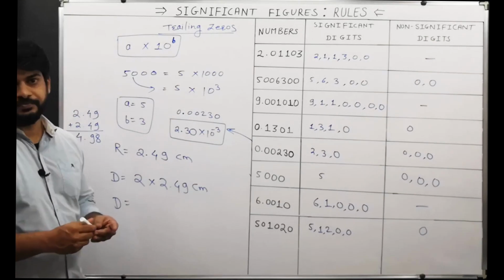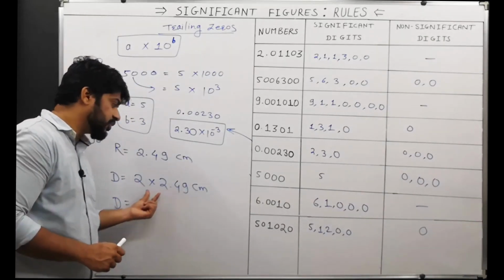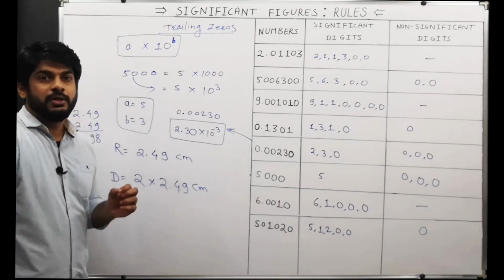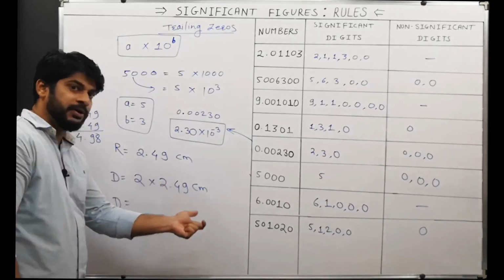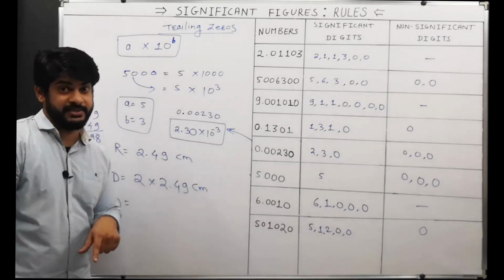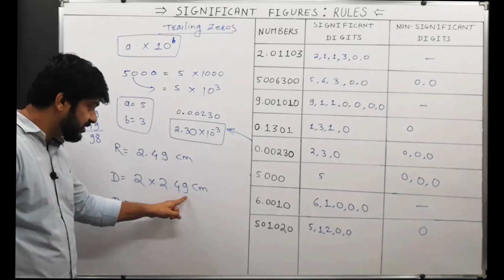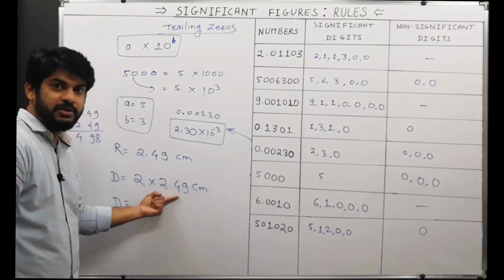Now actually there is a rule for multiplication also. When you multiply two numbers having a different number of significant figures, you can see here there is only one digit, and here there are 3 digits, and all 3 are significant.